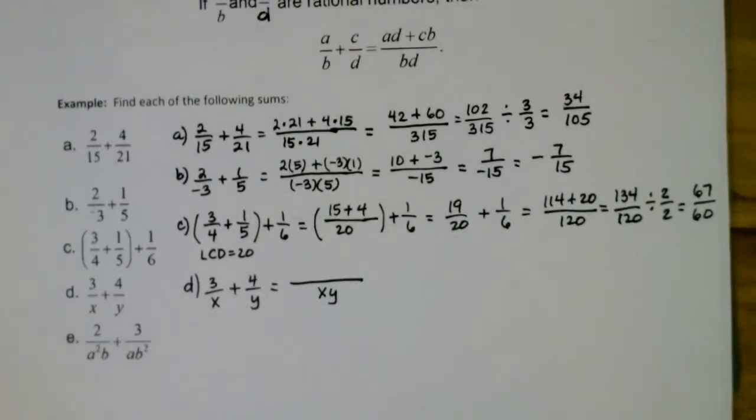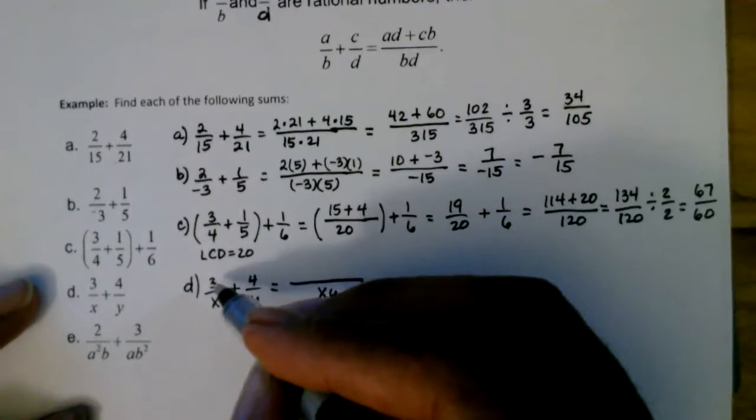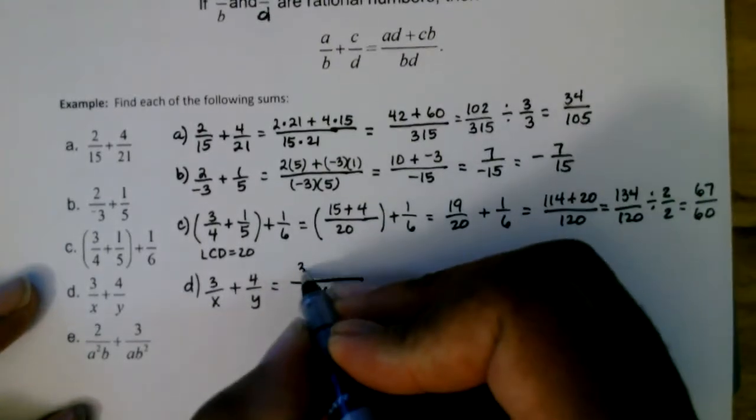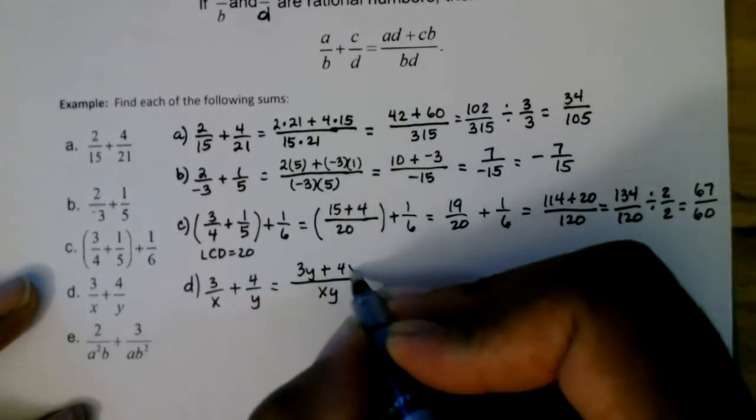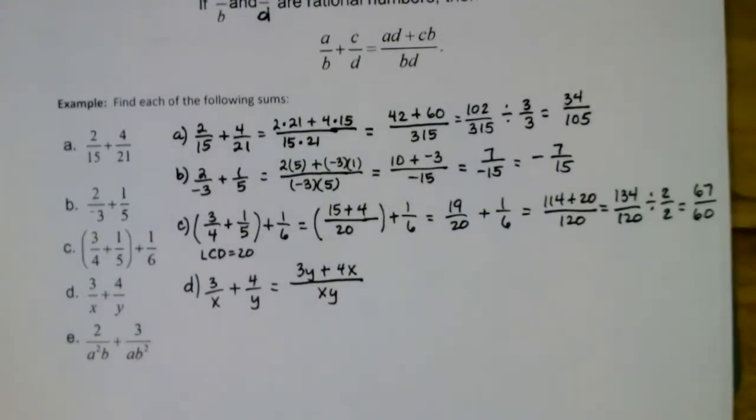And then cross multiply 3 times Y will be 3Y plus X times 4 would be 4X. And in this case, that would be as far as I can go with that problem. So it'd be 3Y plus 4X all divided by XY.